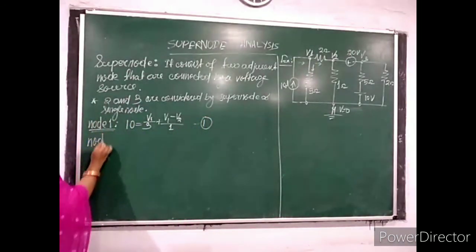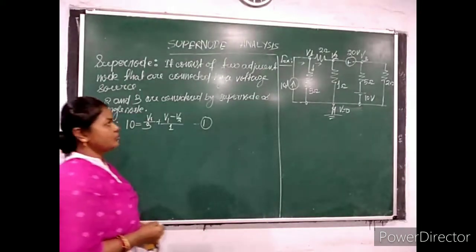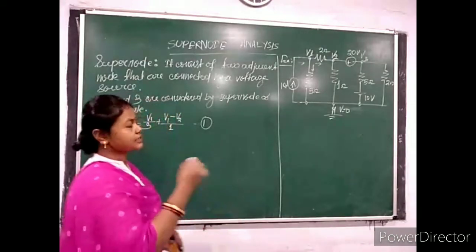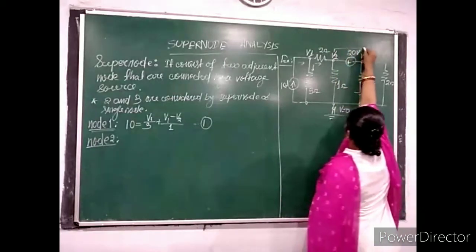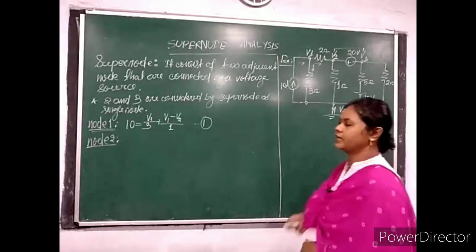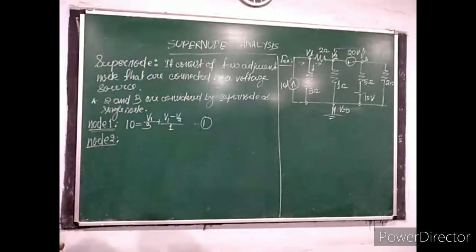Then if you write the nodal or KCL equation for node 2, see, node 2 and node 3 are a single node. You consider these two nodes as a single node. So how do you write the KCL equation for this node?